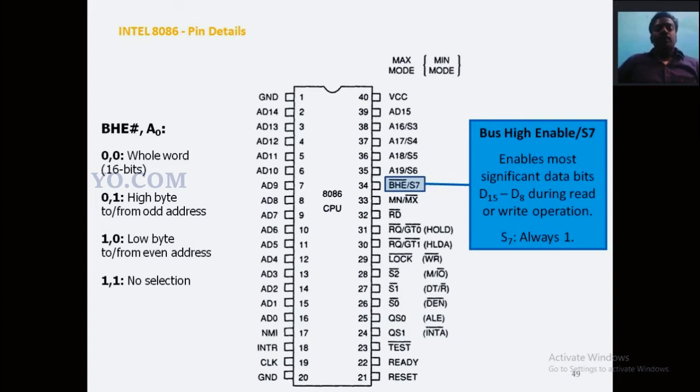So this is bus high enable and A0. A0 is the first bit of the address. This is the important pin, bus high enable.